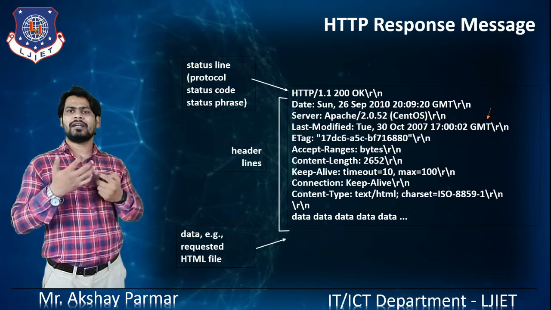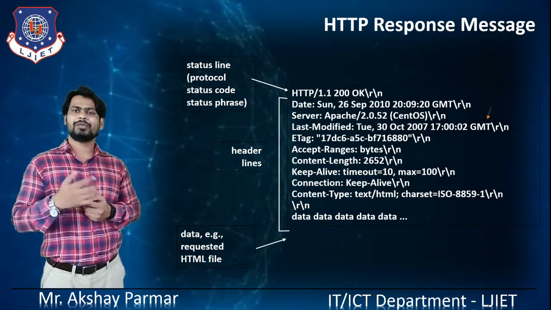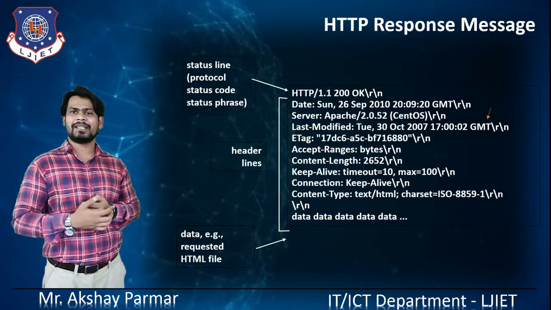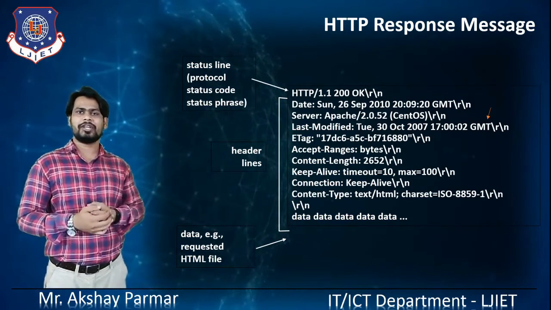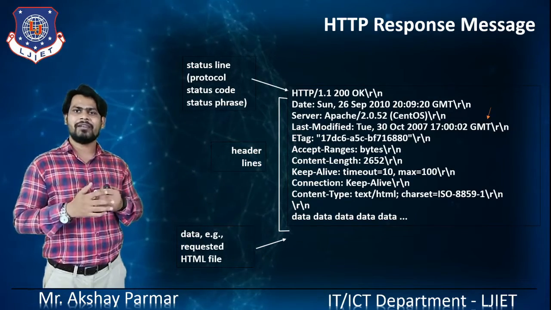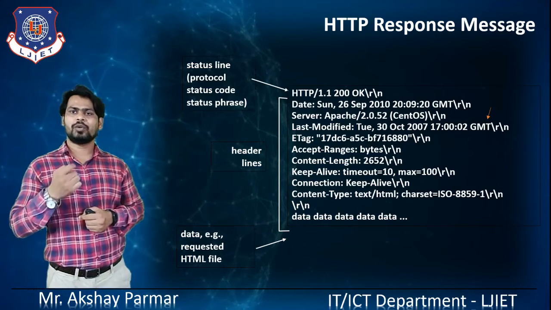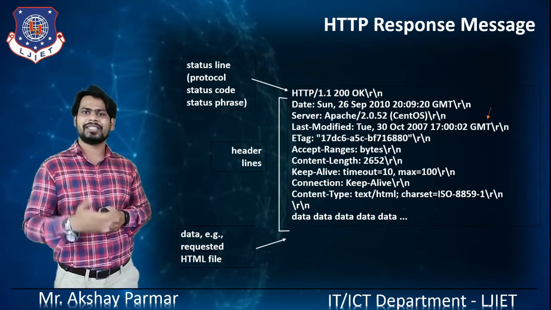So how does the HTTP response look, right? We have seen the HTTP request message. So this is the structure of the HTTP response message. The first line is the status line, right? It has the protocol, the status code and the status phrase.